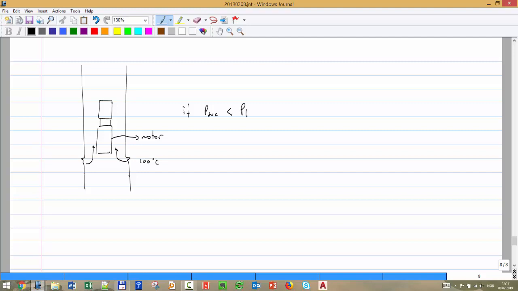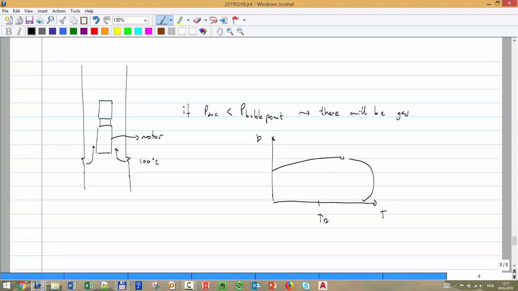Then you have another section where, if the P suction is less than P bubble point, there will be gas. If we have the phase envelope of the reservoir, PT, it's something like that, and we are at reservoir temperature, that's a part of liquid, and that's a part of liquid plus vapor. So you should be inside of there to have only liquid going through the pump.